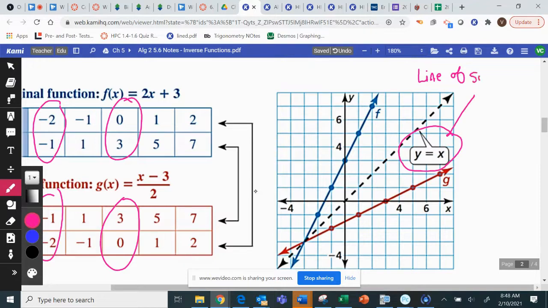The line of symmetry is the line we called y equals x. And that's the line where we have ordered pairs like 0, 0, 1, 1, 2, 2, 3, 3, 4, 4, etc.